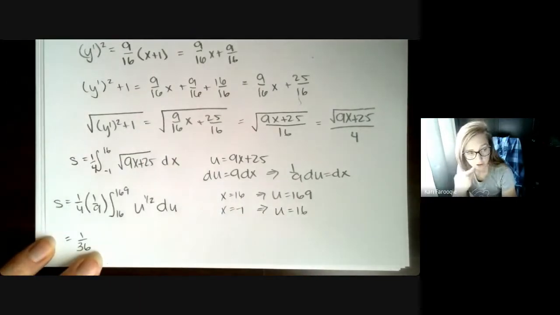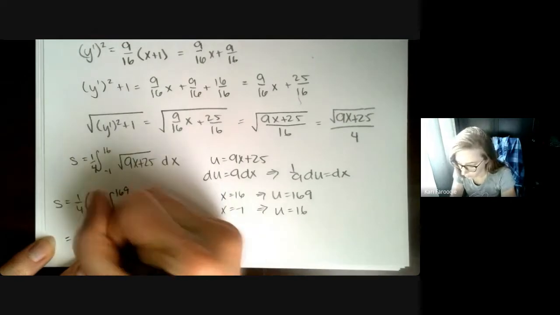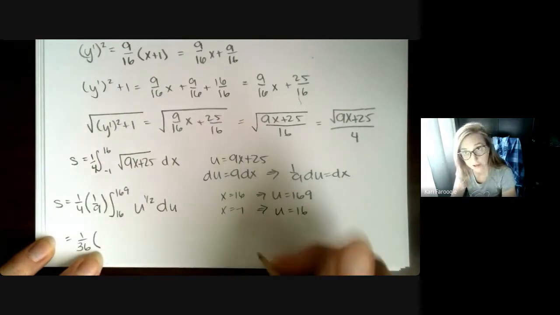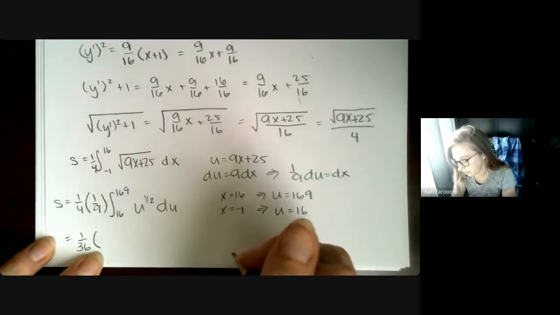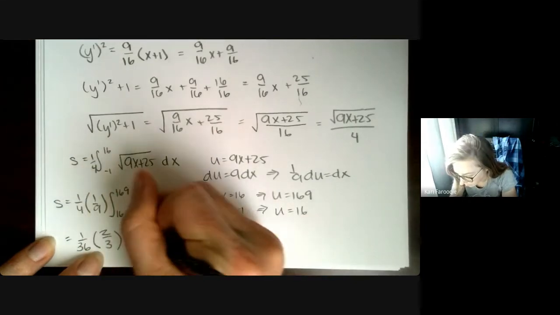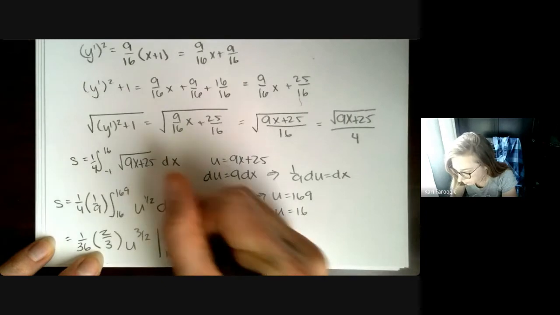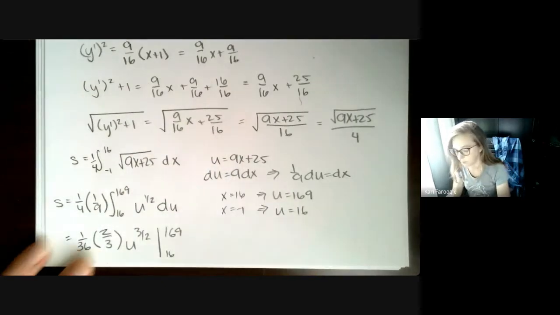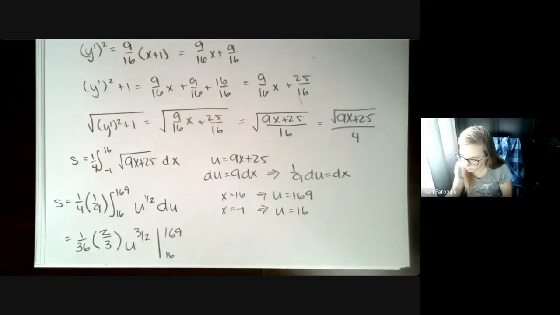All right, so 9 times 4 is 36. I know that if I integrate u to the 1/2, I get 3/2, or 2/3 u to the 3/2. So I'm going to multiply by 2/3, and then I'll have u to the 3/2. I'll evaluate that from 16 to 169.